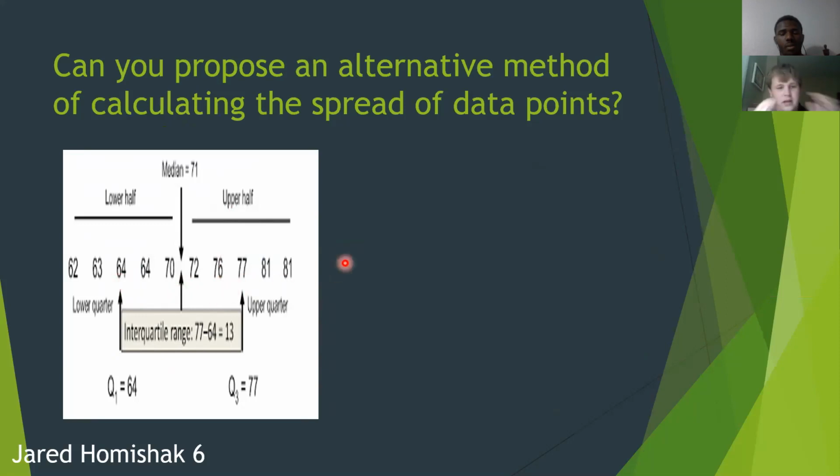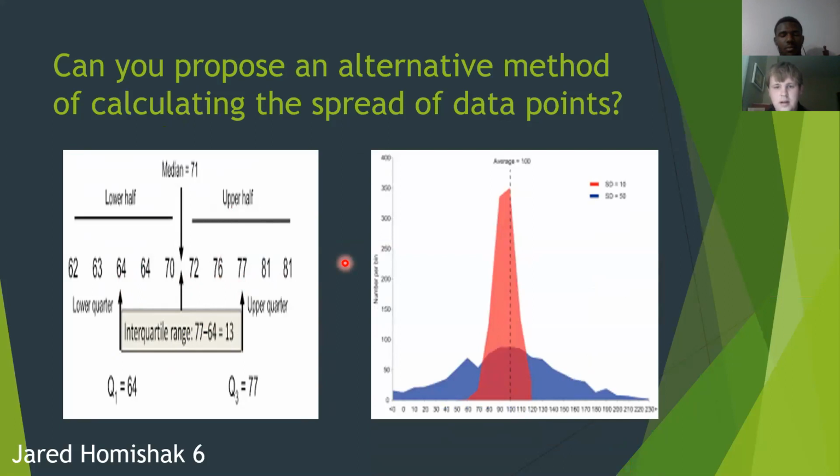The difference between them is 13, and finding that interquartile range is the 3rd way to do it. And the final way is just by looking at the variance, seeing how 2 different sets of data points that have the same mean can be represented very differently on a chart.